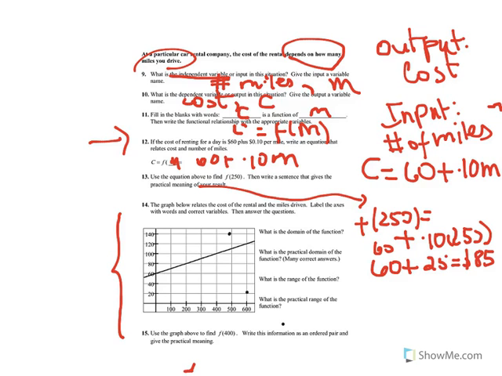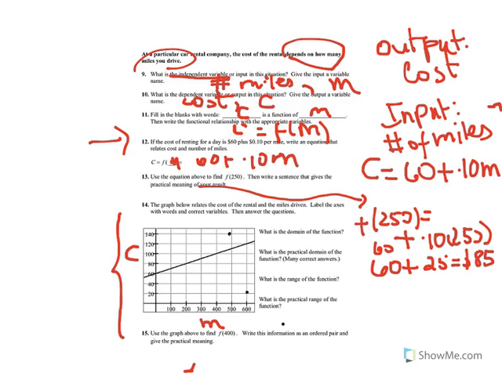Okay, so this is the graph that shows the relationship between cost and miles. Cost is my output and M is my input, and the domain of the function, we can see by looking at the graph, right? The function is a linear function, so the domain is all the real numbers, right?